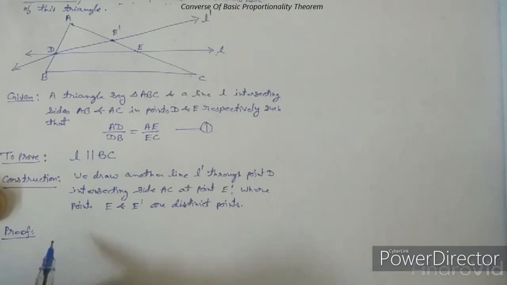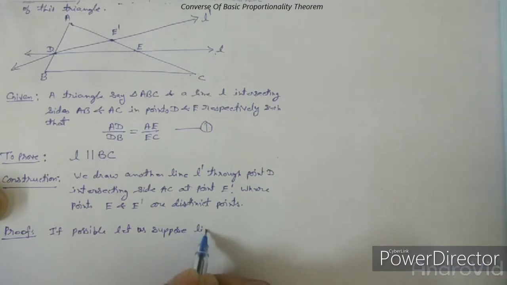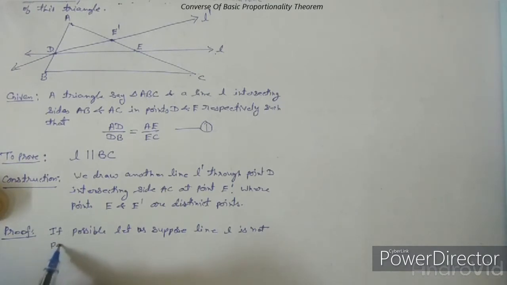So, if possible, let us suppose line L is not parallel to side BC.